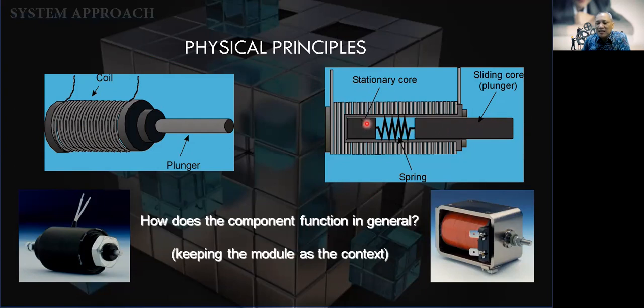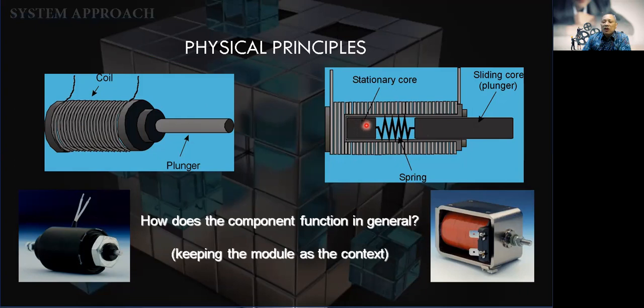That's when it is being retracted, because there is a pulling mechanism by the cores pulling each other. When the current is cut off, the spring will push it back to its original or normal position. So then we know the function.